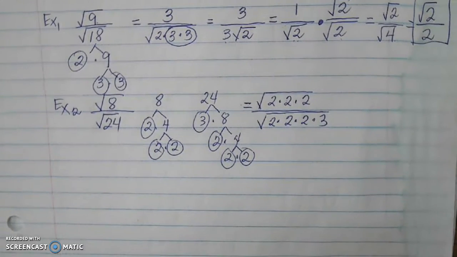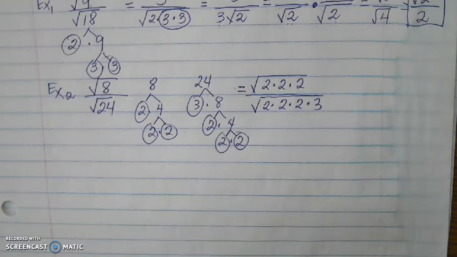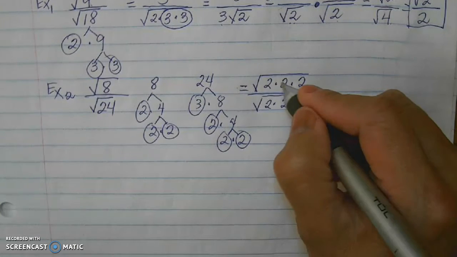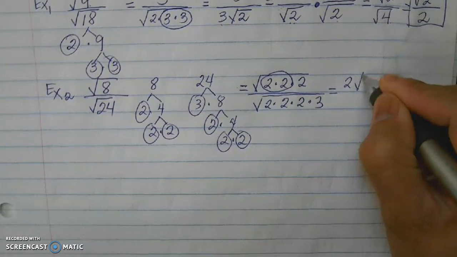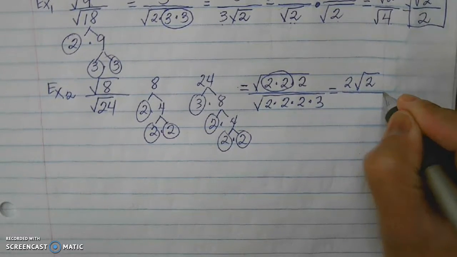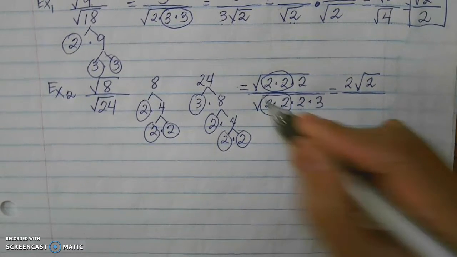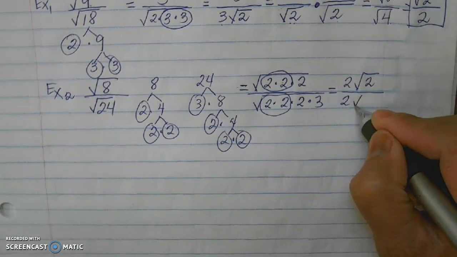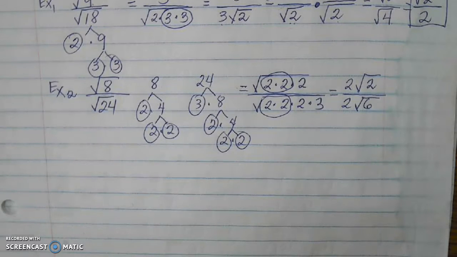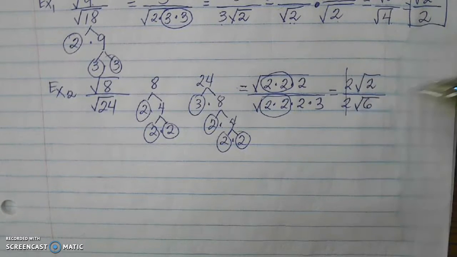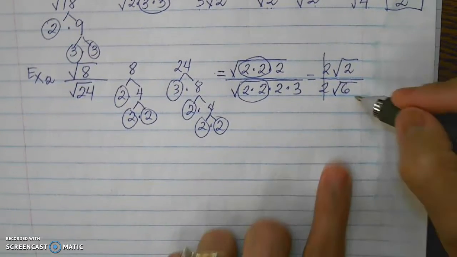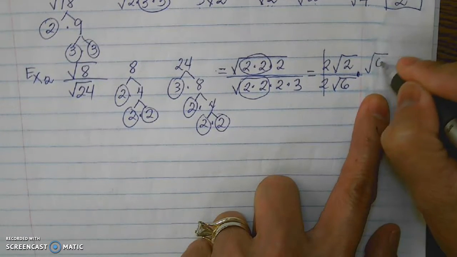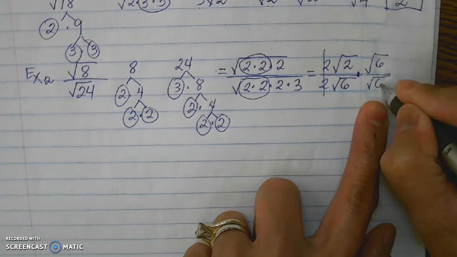Okay, and now that will turn to a 1. And the way I could remove this is by multiplying square root of 6 over square root of 6.